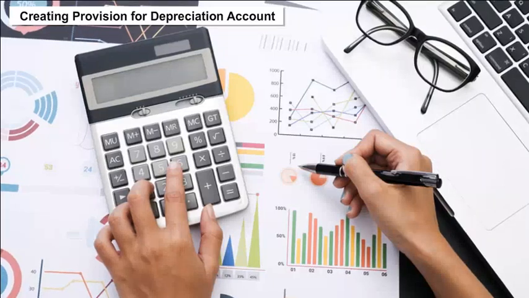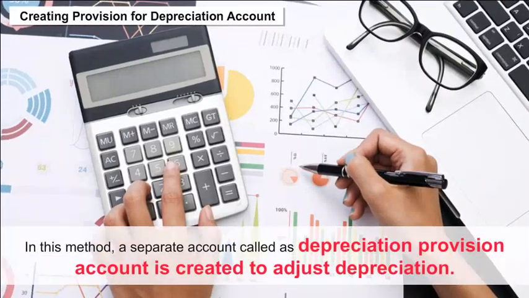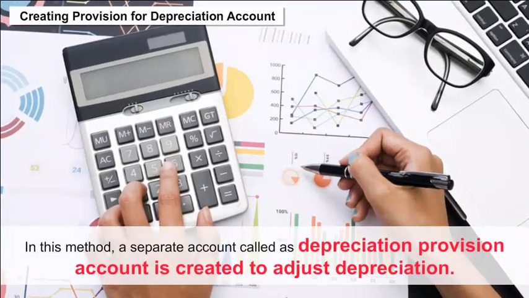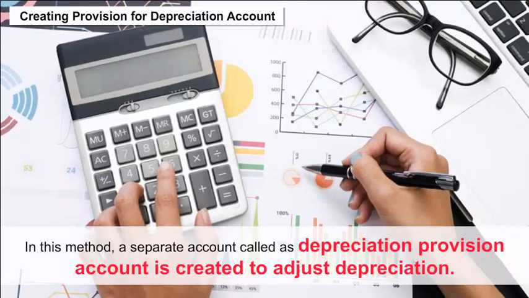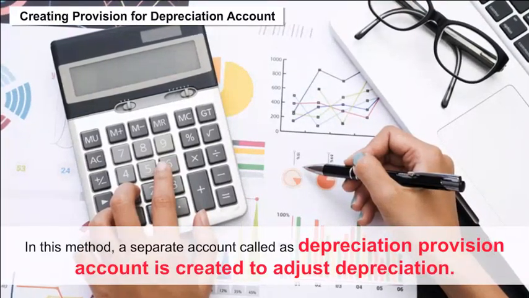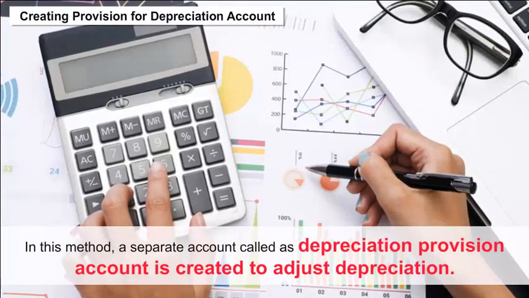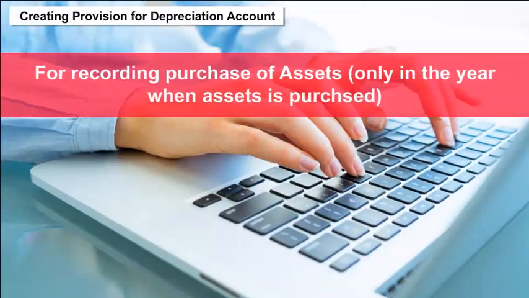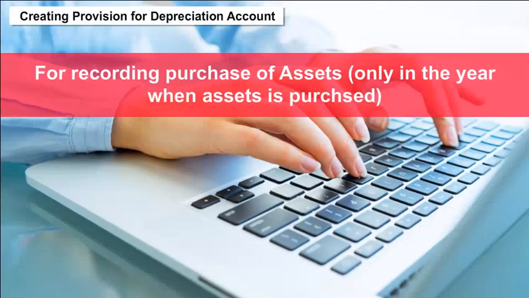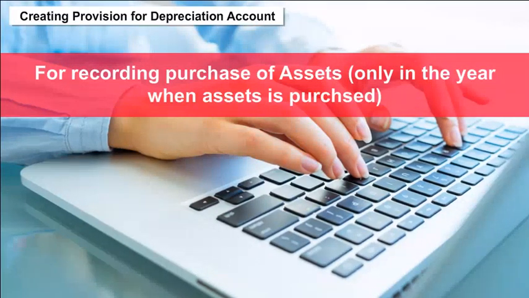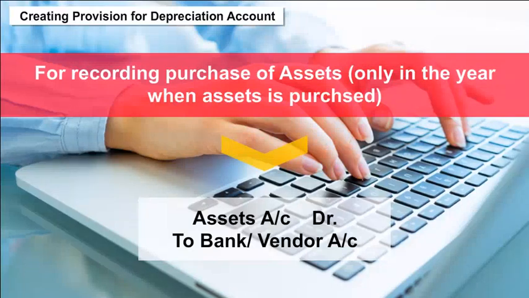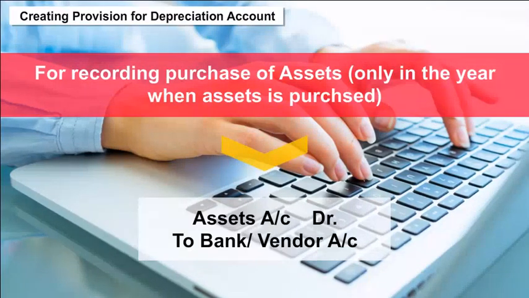Creating provision for depreciation account. In this method, a separate account called depreciation provision account is created to adjust depreciation. The entries in the journal would be: for recording purchase of assets only in the year when the asset is purchased, assets account debit to bank or vendor account.